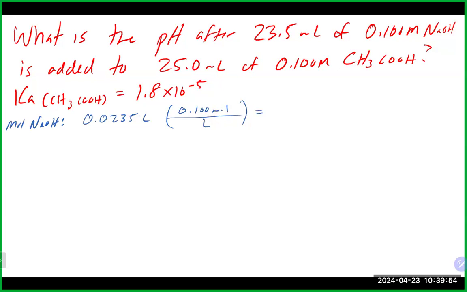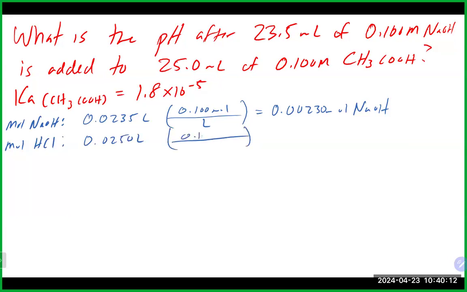That's going to get us 0.0023 moles of sodium hydroxide. We'll do the same thing here for our acetic acid: 0.025 liters times our 0.1 moles per liter is going to give us our same starting amount that we had previously, 0.0025 moles.